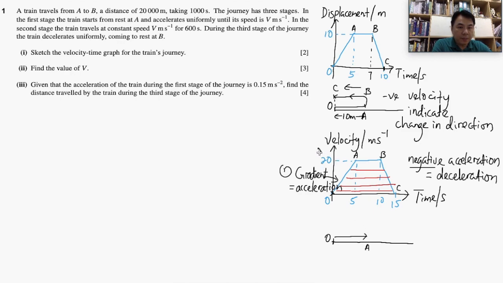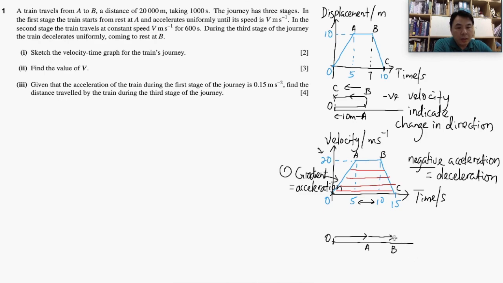So it has accelerated from 0 to 20 meter per second within 5 seconds. And then after that, it maintained its velocity of 20 meter per second for another 5 seconds until it reached position B.